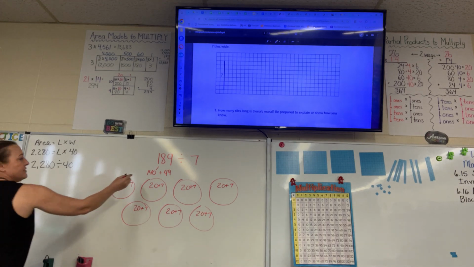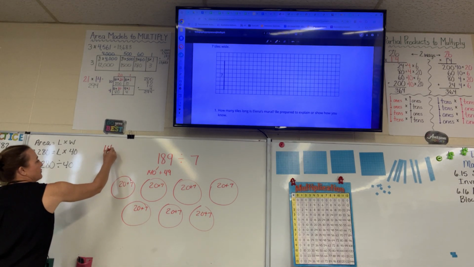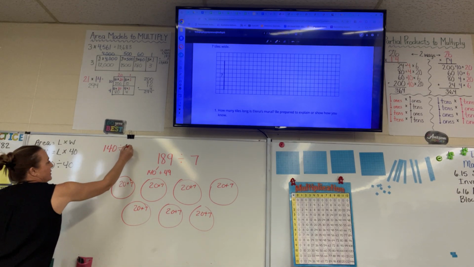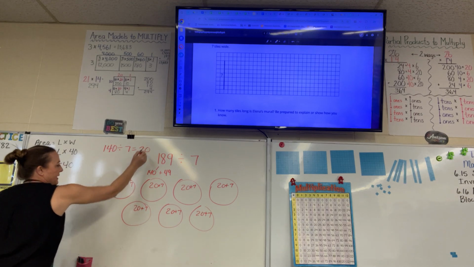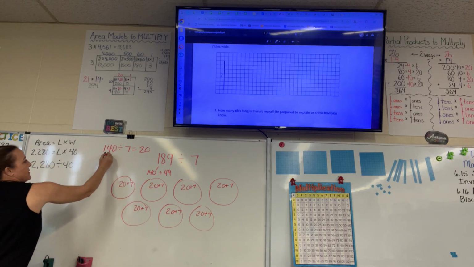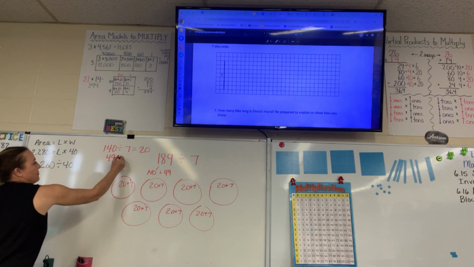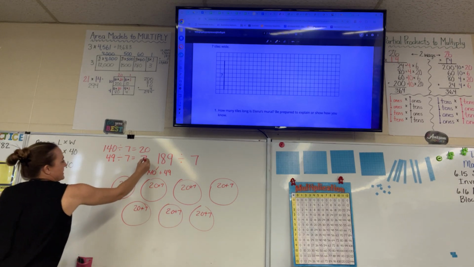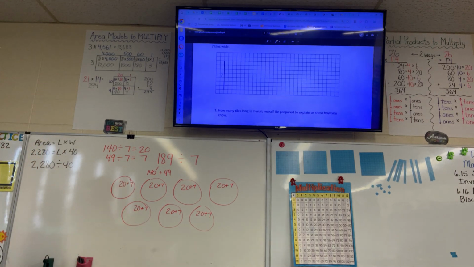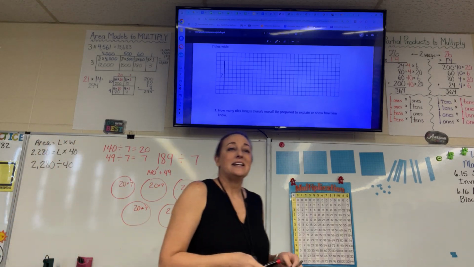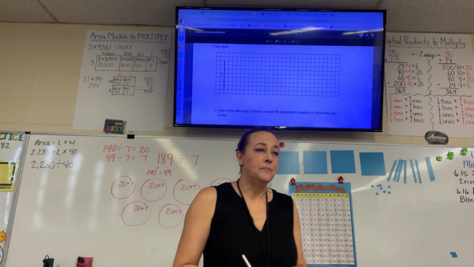So we first divided 140 into 7 groups, and we got 20 in each group, right? And then we divided 49 by 7, and we got 7 in each group. The answer to a division problem is how many is in each group?